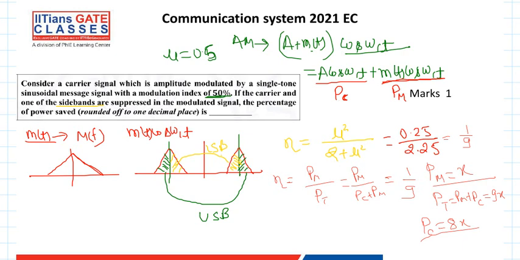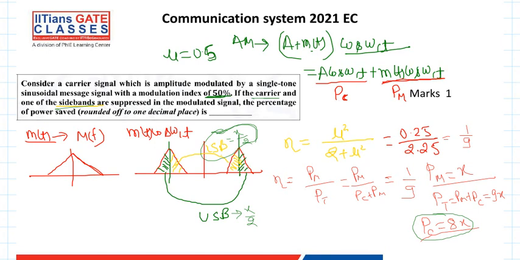Now in the problem it is mentioned that we are suppressing the carrier and one of the sidebands. If you remove the carrier, you remove 8x power. The upper sideband contains power equal to x by 2, and the lower sideband also contains x by 2. Let's say we remove the LSB and the carrier.